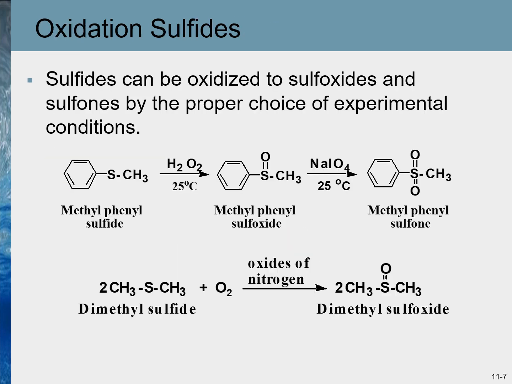One of the important properties of sulfides is that they can be used as reducing agents. The reason why they act as reducing agents is that they themselves can be oxidized into higher oxidation states. So when sulfides are oxidized, they convert into sulfoxides or sulfones. Many common oxidizing agents can be used to oxidize sulfides.